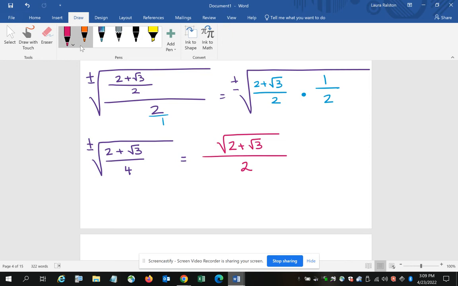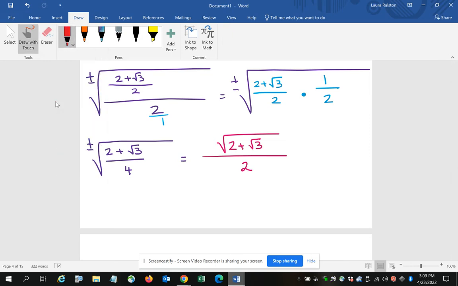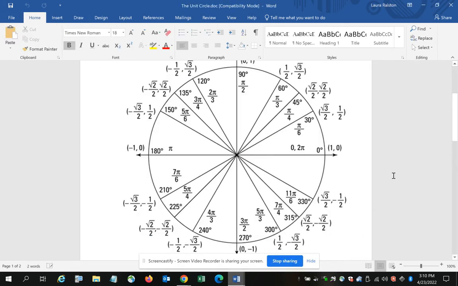Now, guys, the very last thing that I have to do is decide whether this thing should be positive or negative. So I'm going to go back to my unit circle. I'm looking for a 165-degree angle. If you think about it, a 165-degree angle is going to be somewhere in quadrant 2.